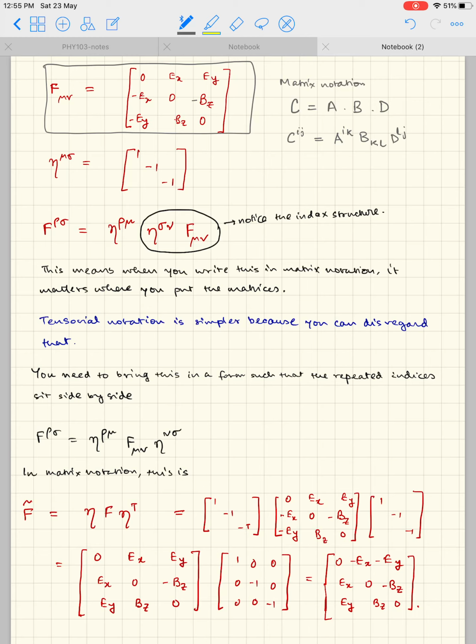So you notice, of course, there is going to be a sum over k and l, as you know.